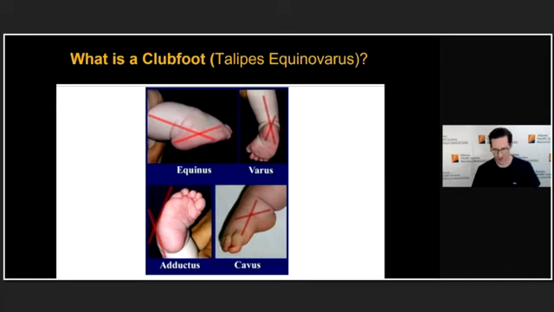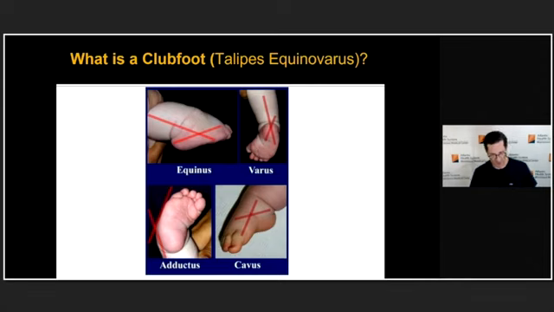So what is a clubfoot, also known as talipes equinovarus? Talipes is Latin for ankle and foot, and equinovarus describes two of the four deformities of a clubfoot. Equinus, which is plantar flexion of the foot relative to the leg. Varus, which is the hind foot medial deviation relative to the leg.